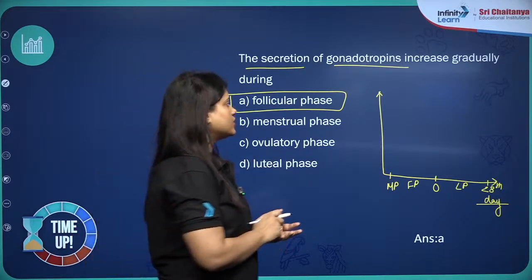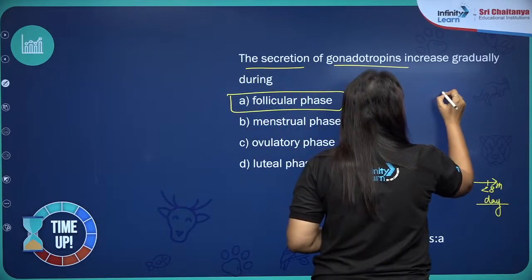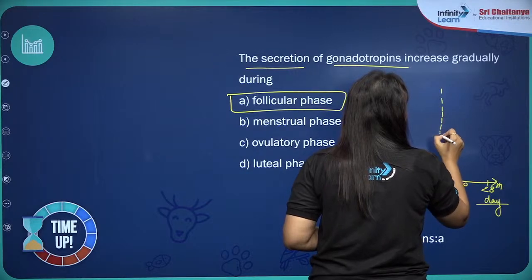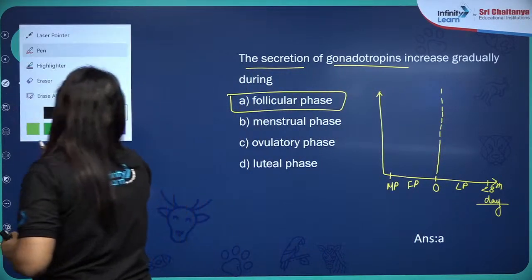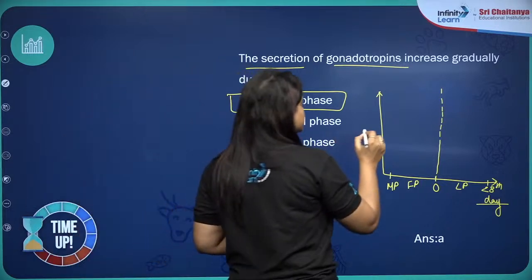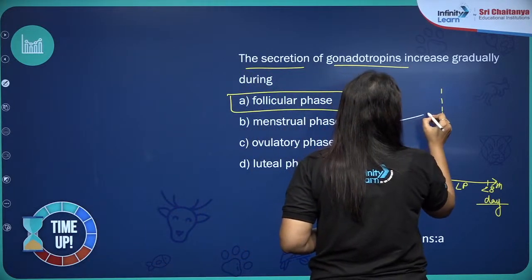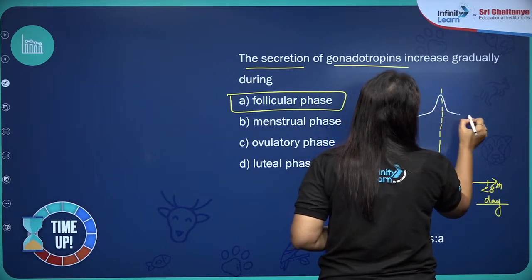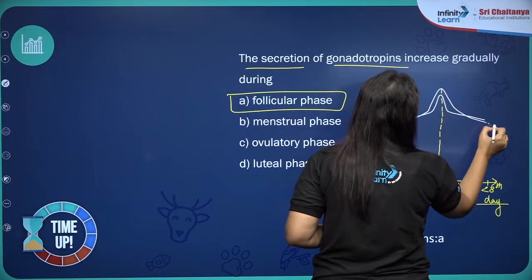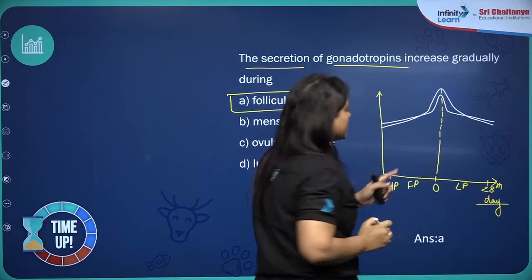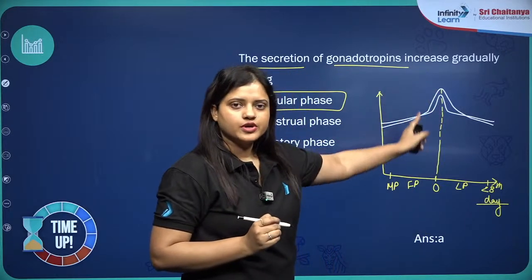Now when we talk about the follicular phase, remember the levels of LH and FSH gradually increase, and increase a lot at the time of ovulation.